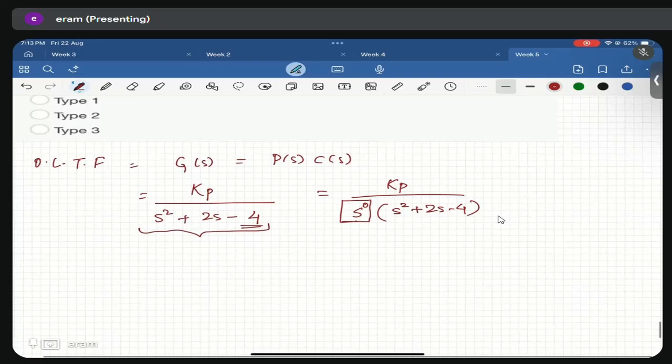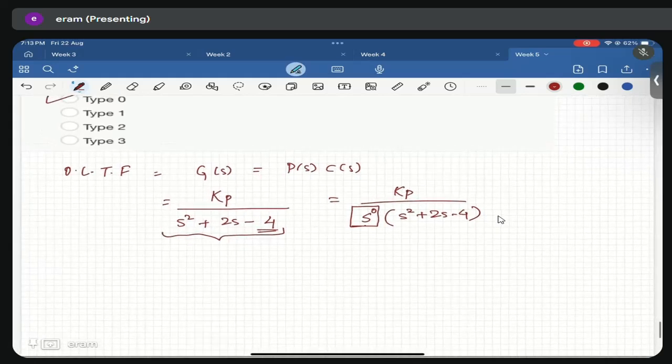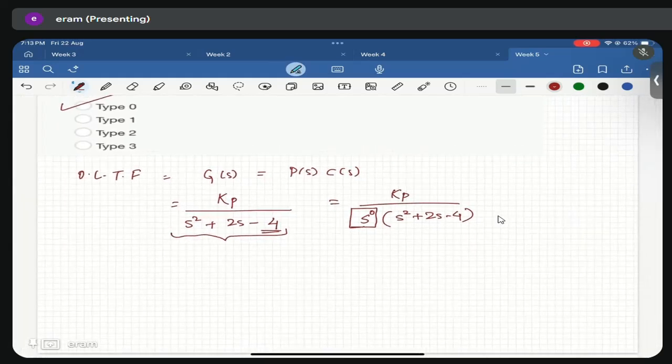Okay, the number of poles at the origin will tell about the type of the system. So in order to do so, there should be some term where we have s, right? Then only we can have a pole at the origin. But there are no terms where we have multiplication with s only. You can see from here, right?